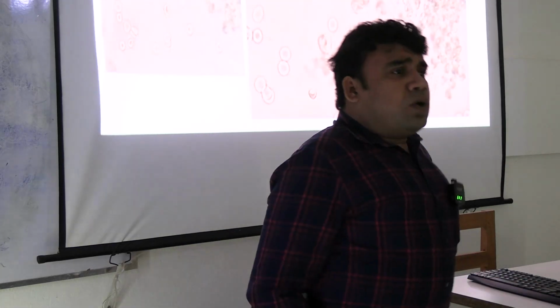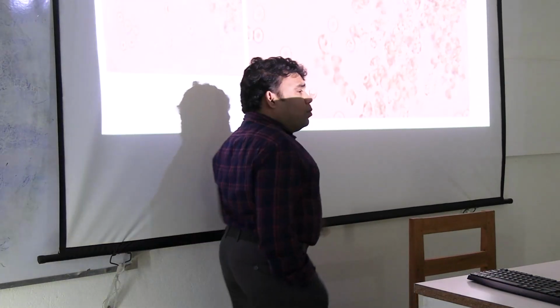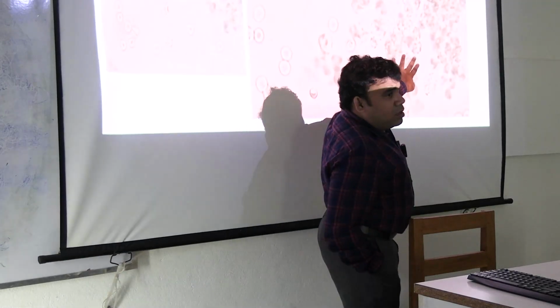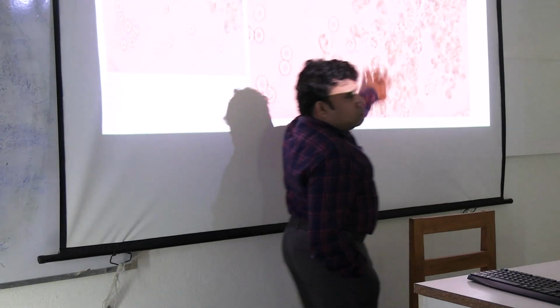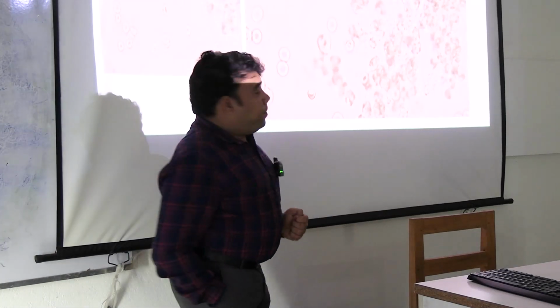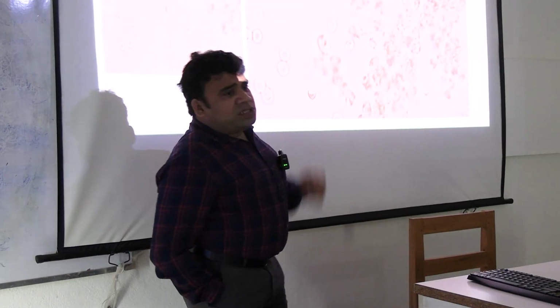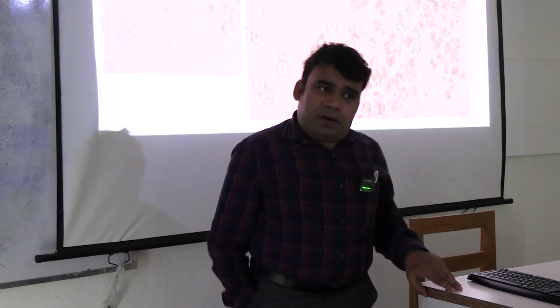Now, what do pus cells look like? This is the picture. I think you can see these are agglomerations of pus cells that can be seen on either a saline mount or an iodine mount. And I think you can also see red blood cells, which indicate the presence of blood.